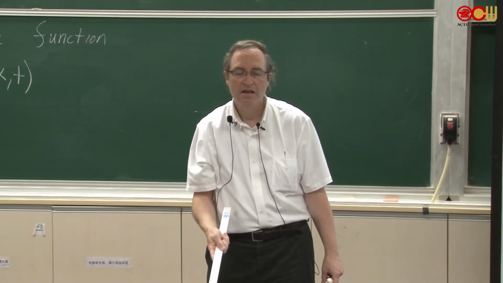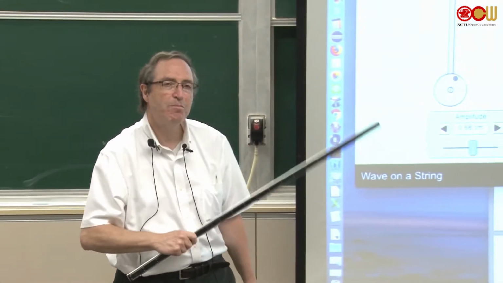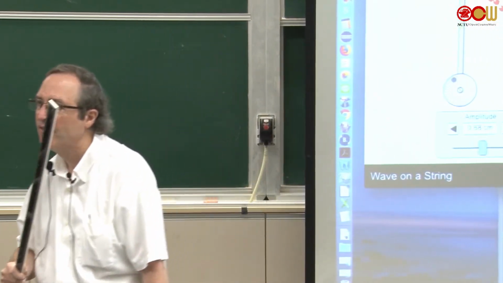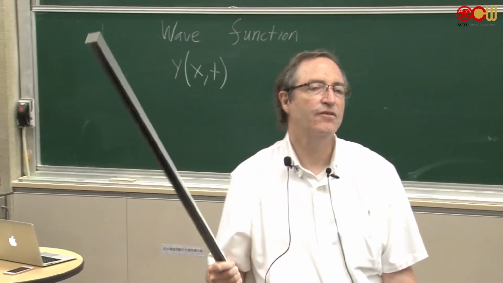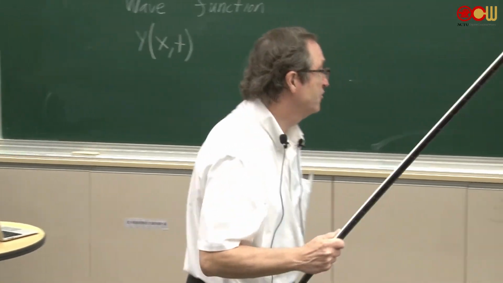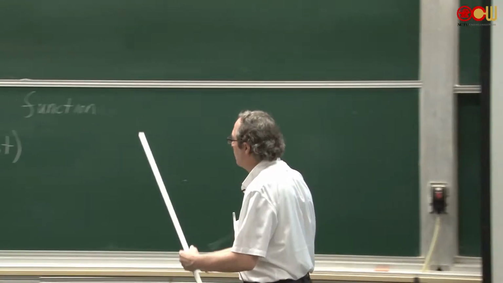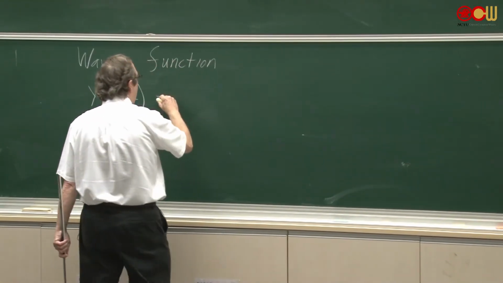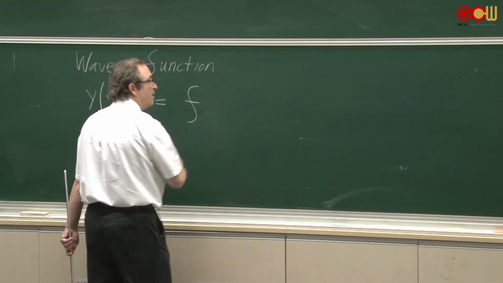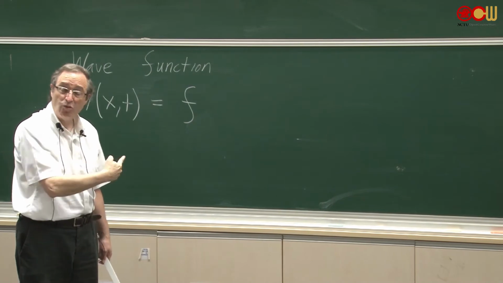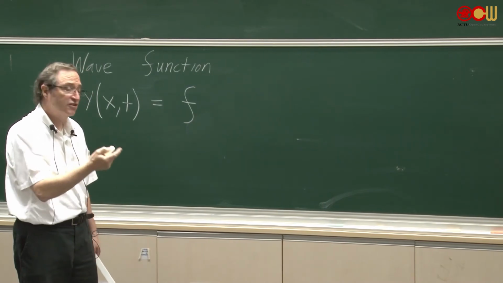Okay? So every position on the wave has a function that's a function of time. And also we see that things depend on where you are. So it turns out that a wave can always be described as either this wave function that I'm writing down or a sum of these.